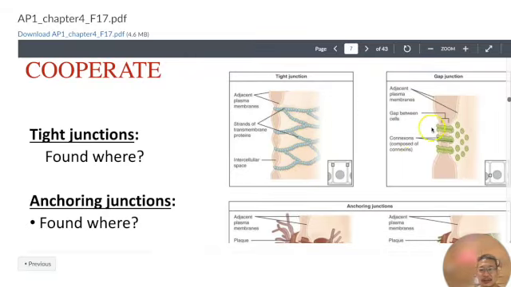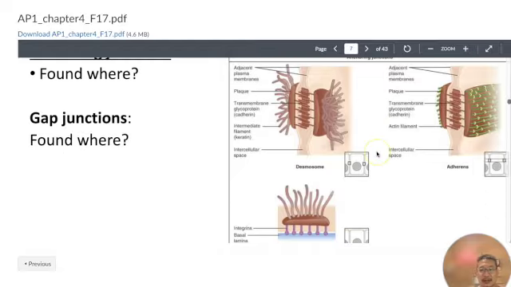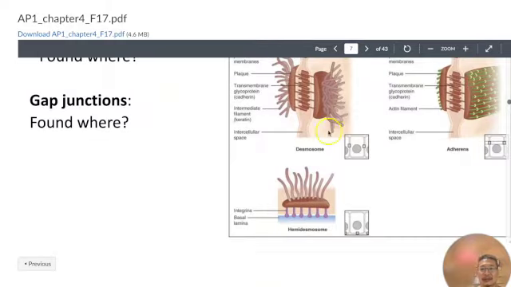Gap junction, you can see little gaps. It allows things to go through. Anchor, just like an anchor, holds the cells with desmosomes. And the hemidesmosome connects to the extracellular fluid.